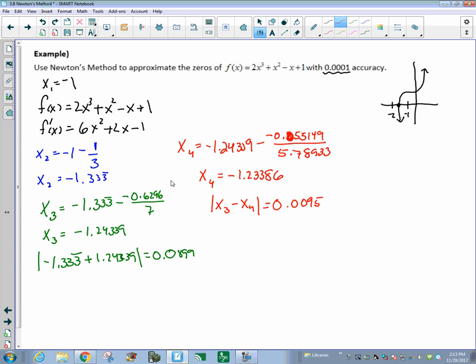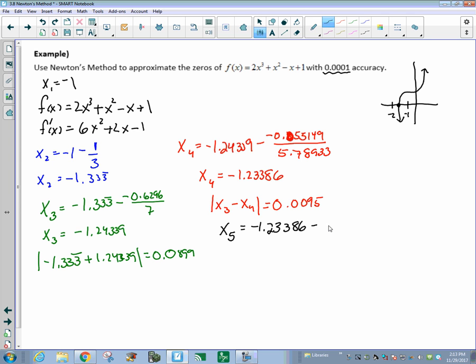I end up with 0.0095. Still not close enough, so I'm going to have to go one more step further and calculate x sub 5. If I go x sub 5, then I'm using the negative 1.23386. Oops, I got an extra 4 in there. Sorry, I'm having trouble reading my own handwriting here.